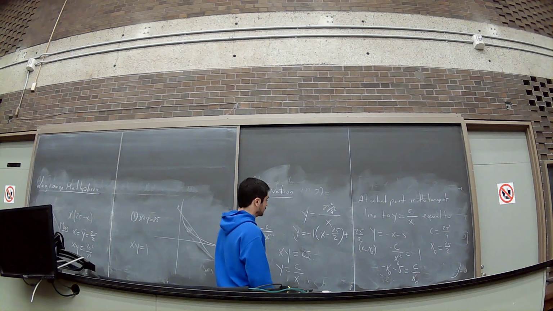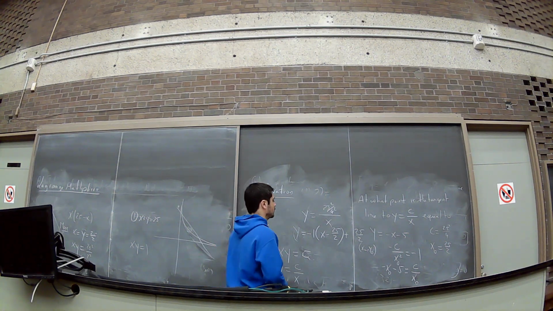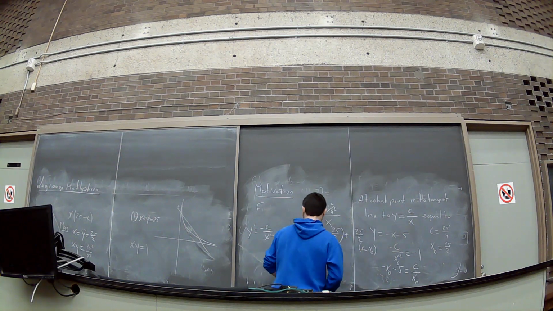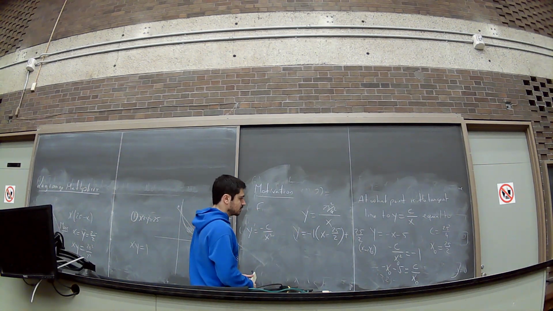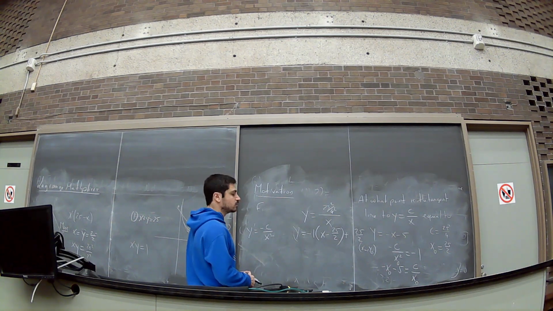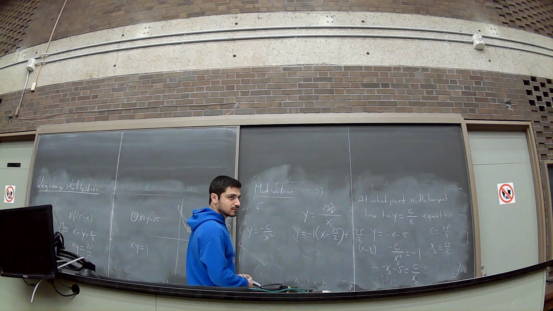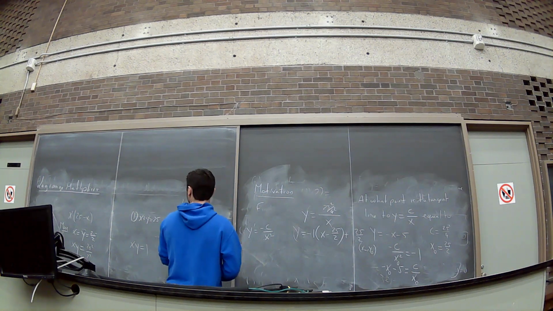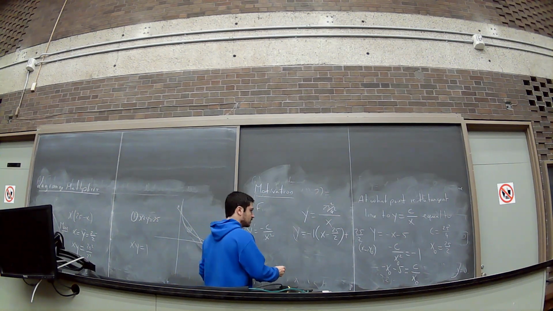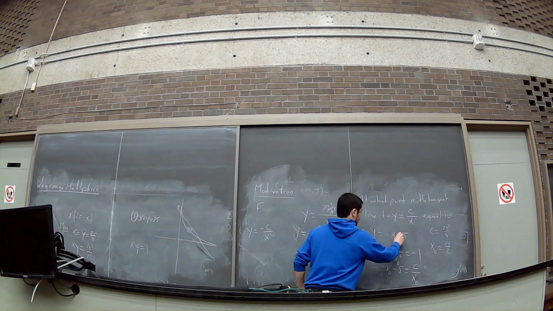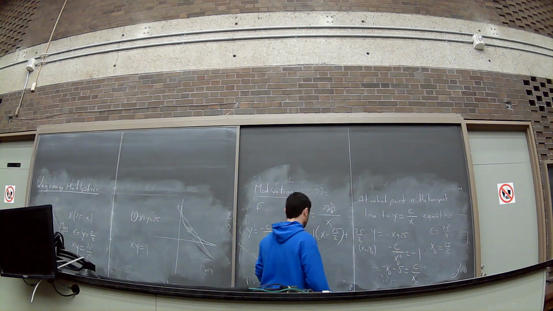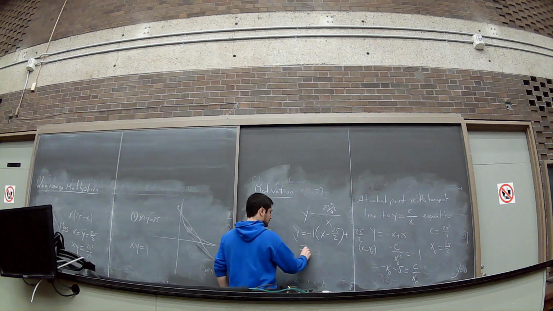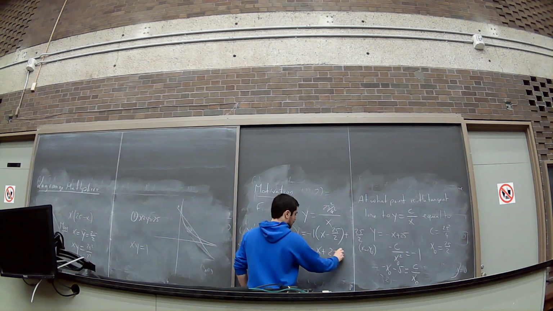So minus x plus 25 over 2 plus 25 over 2, what do you get? You get 50 over 2. You get 25. So you get minus x plus 25.